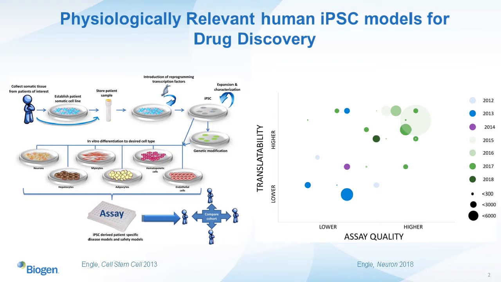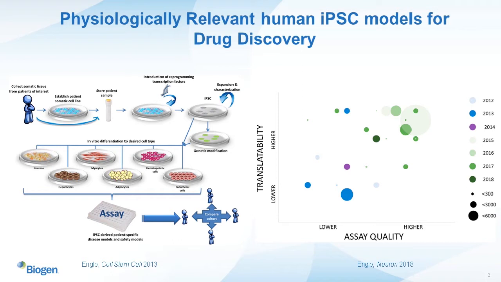In this paper, published small molecule screens in human iPSC-derived neurons, or NPCs, are evaluated for the assay quality and the translatability. Assay quality was evaluated by iPSC characterization, terminal cell type characterization, assay control, assay description, and assay validation.